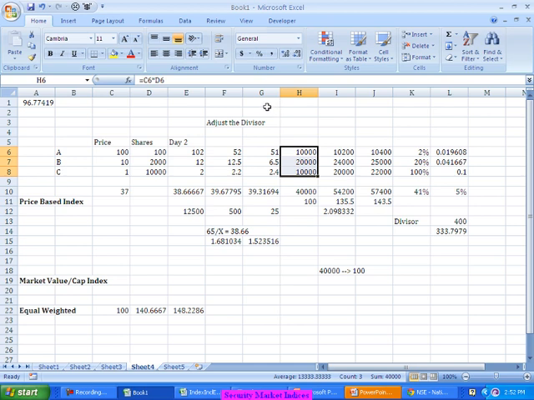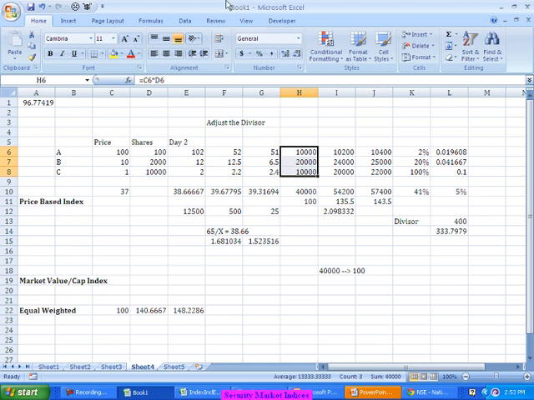So they will remove those shares which are held by the promoters, those held by the large government institutions who will not do the trading on a regular basis. Only those shares which can be freely traded in the market, they will find out what proportion of those shares are freely tradable. So the market capitalization is adjusted based on those numbers. Right?